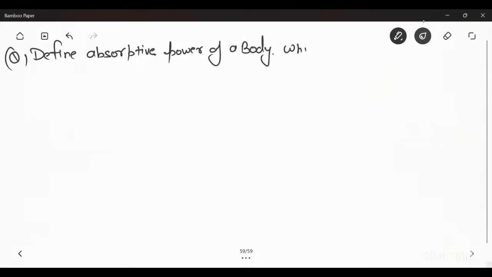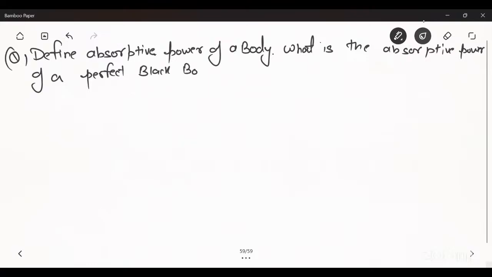What is the absorptive power of a perfect black body? Now the answer of this question: firstly, we have to define the absorptive power.